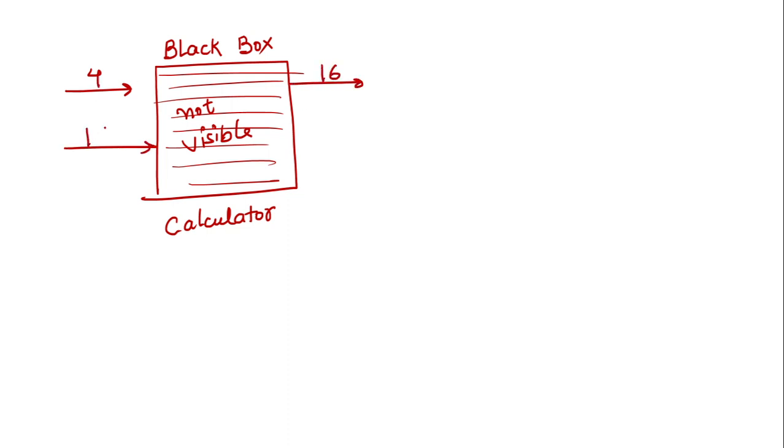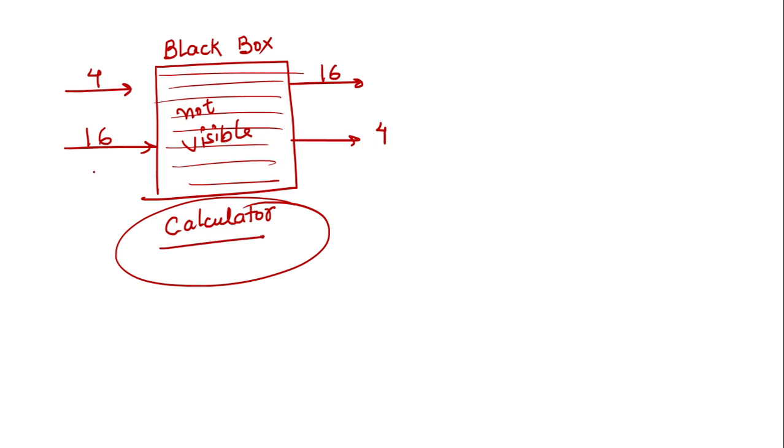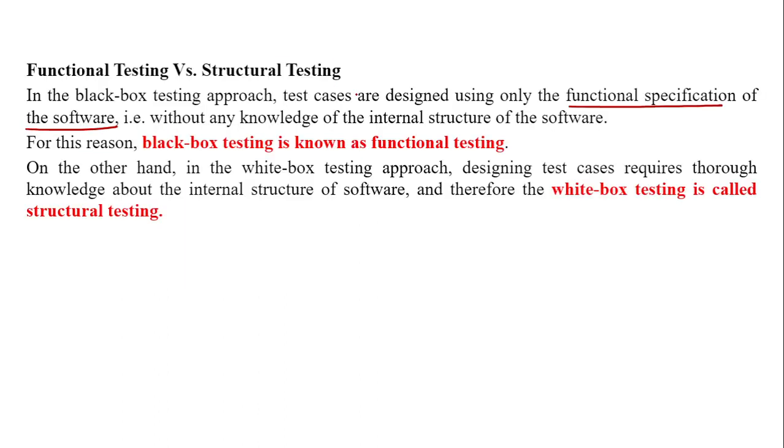If I give it 16 and ask it to take square root, it will give 4. We only know the functionality of it. Functionality means we know that in the calculator, whatever inputs we give, we will get certain outputs. This is what is written here.